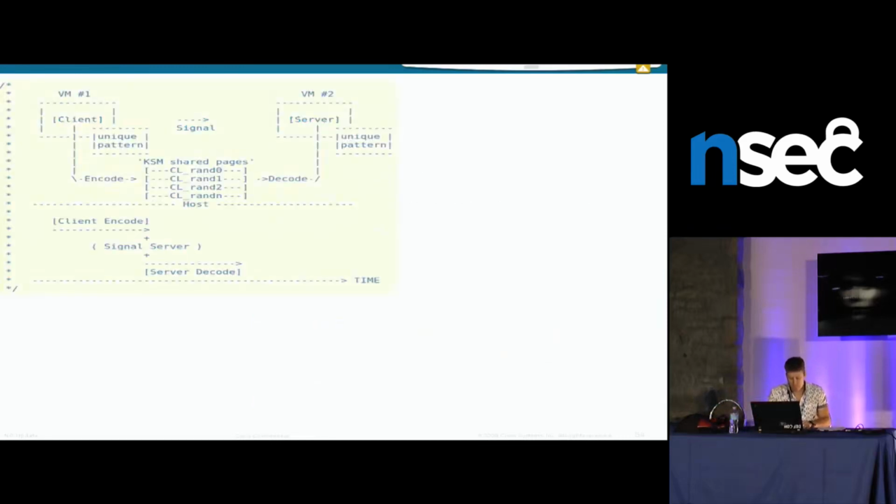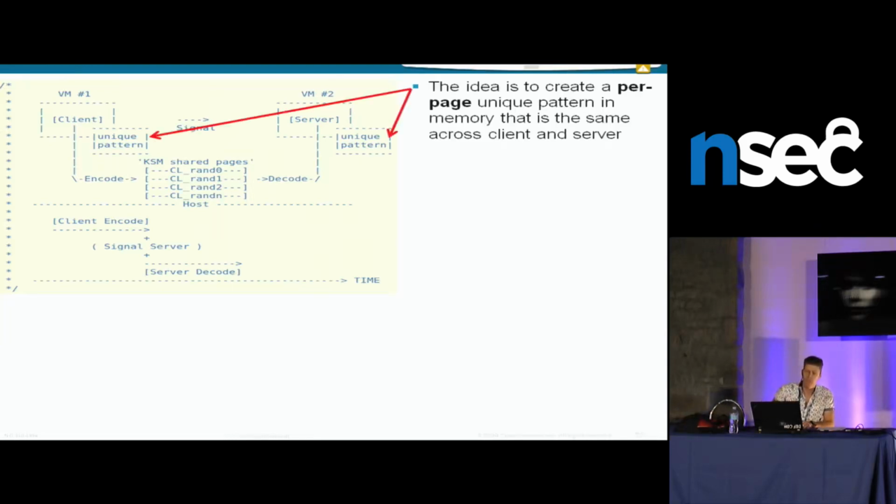All right, now going back to our test program. Remember, now I have to find shared cache lines across two different VMs, so I'm thinking about KSM. What I decided to do here is the client and the server create, let's say in memory, a per-page unique pattern that is the same across the client and the server.